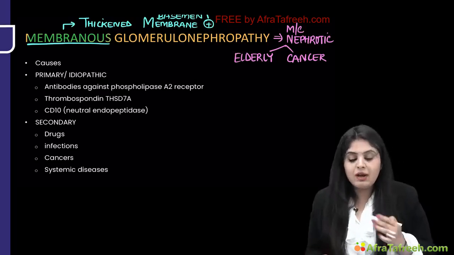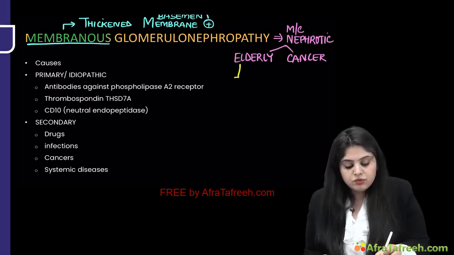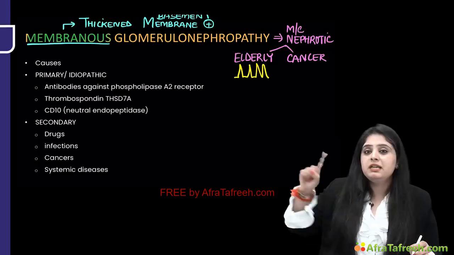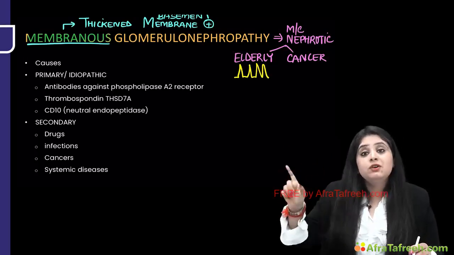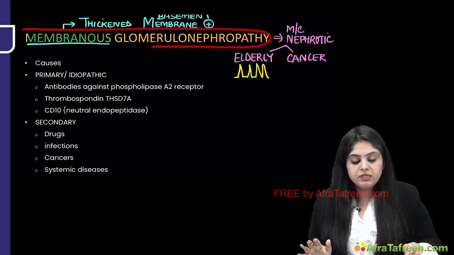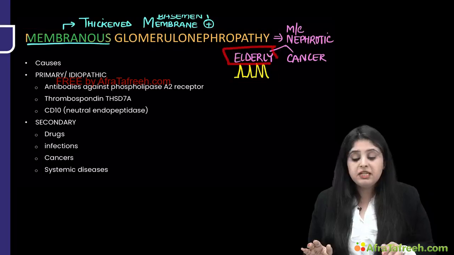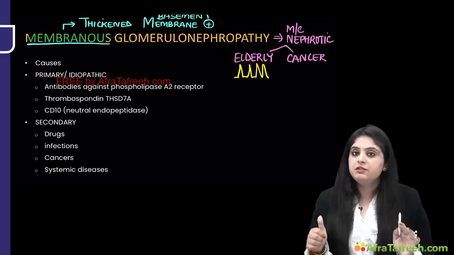So how I have learnt it is that this is the disease that shows you a spiky pattern. That spiky pattern means it shows you the peak pattern, and it is seen at the peak of the age. That's how I have learnt it. Membranous glomerulonephropathy shows you a spiky pattern, so peak pattern, and is seen at the peak of the age where cancers occur. Easy to learn.